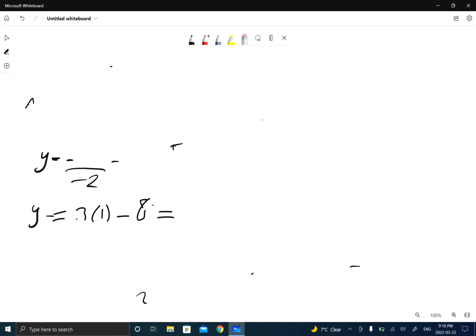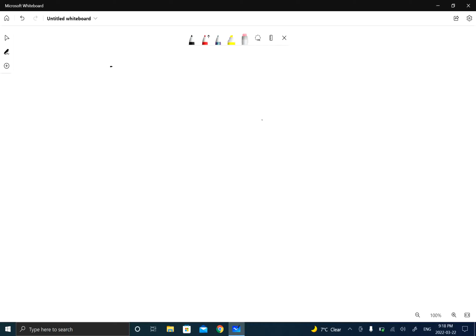But if you don't have y alone on one side, isolating one variable in one of the equations can work for you. For example, in this equation y is equal to 3x plus 5, and the other equation is in standard form.